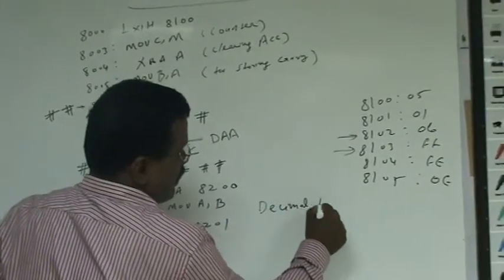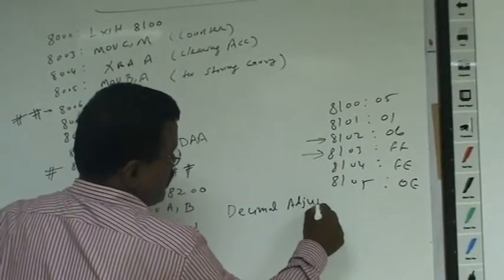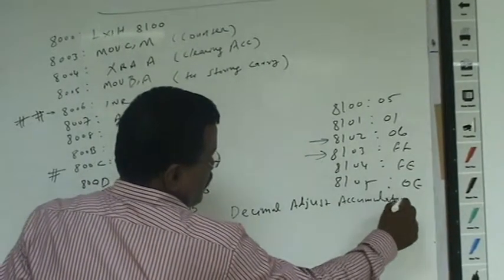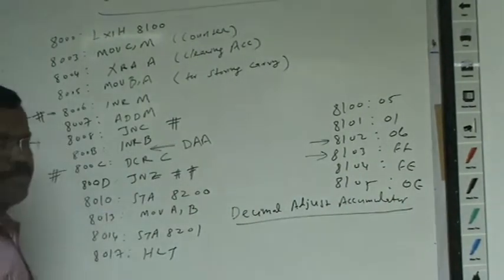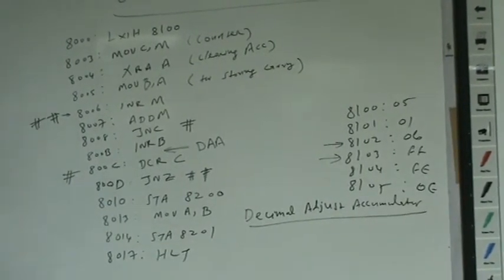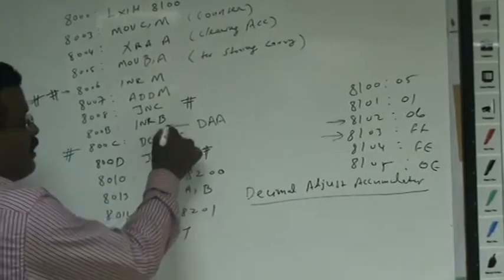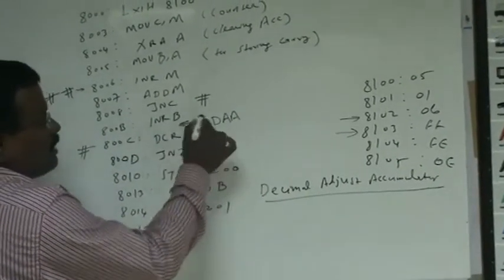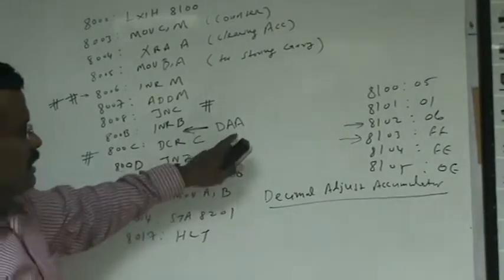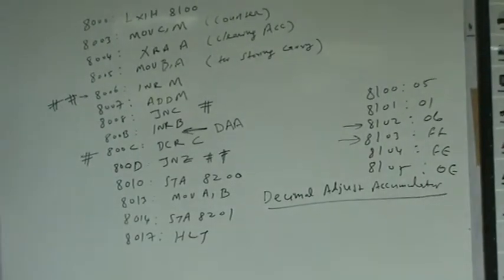This automatically adjusts the hexadecimal value into a decimal value. You need not do anything. Just after INR B, you have to insert the instruction called DAA. This instruction is available in 8085.